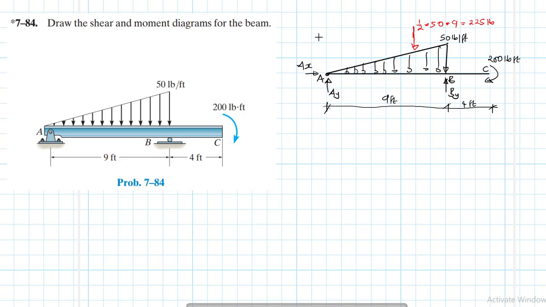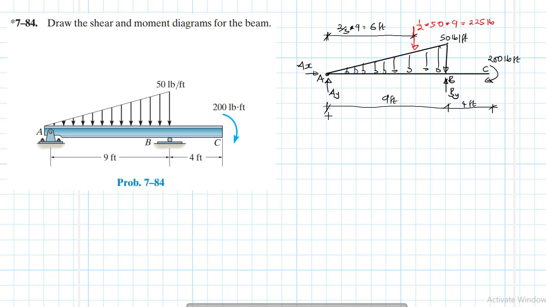And its location from A is going to be equal to 2/3 of 9, which is equal to 6 feet.